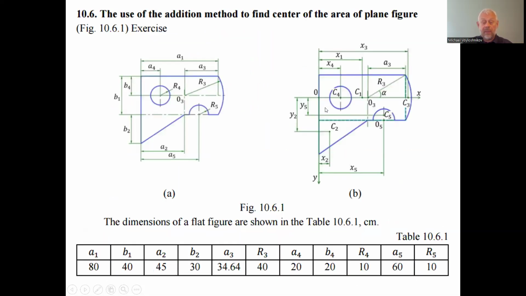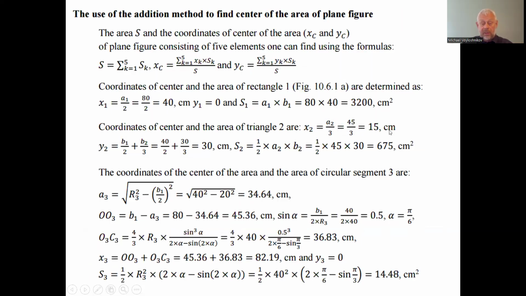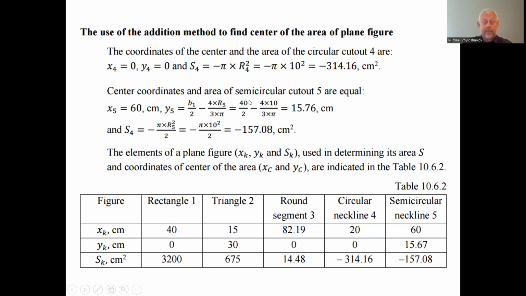This is b1, divided by 2, because we only consider half of the width of this rectangle from the abscissa axis. And minus 4 multiplied by r5, the radius of this neckline of the semicircle shape, divided by 3 pi. This is a formula from the directory.